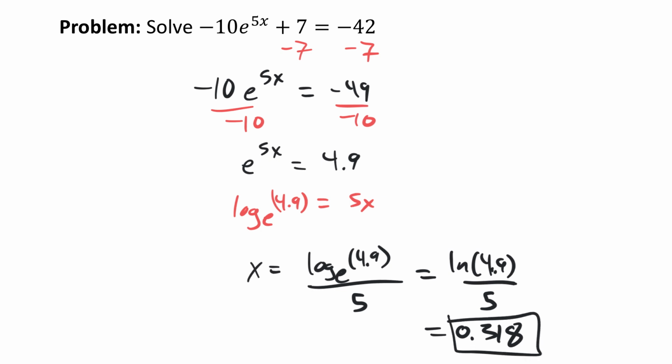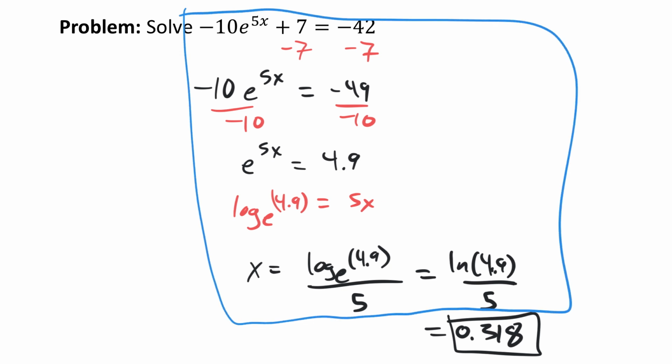But if you notice, everything up until here technically needed no calculator. Kind of interesting, right? It's just subtraction, division, converting to logarithms. And so this all could be in the no calculator section. I wouldn't be able to ask you to go to that last step without a calculator.